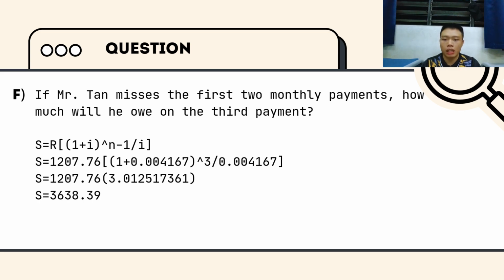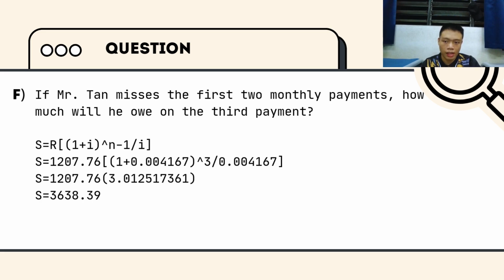F. If Mr. Tan missed the first two monthly payments, how much will he owe on the third payment? So we need to use the formula S equal to R open bracket in bracket 1 plus I power of n minus 1 over I close bracket.